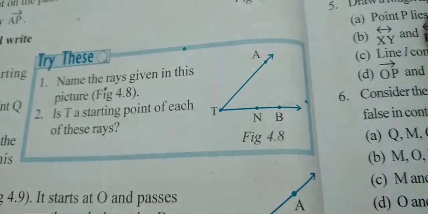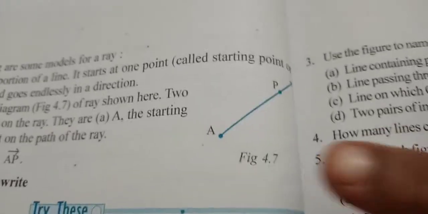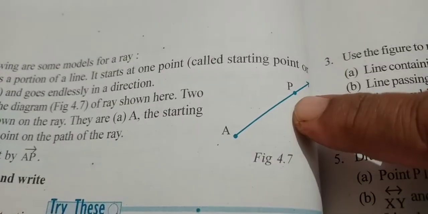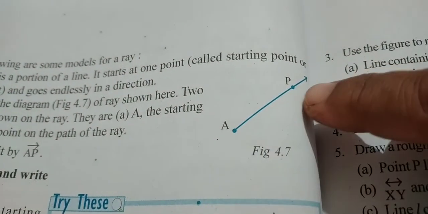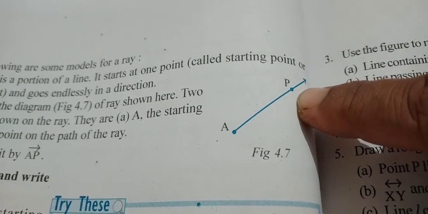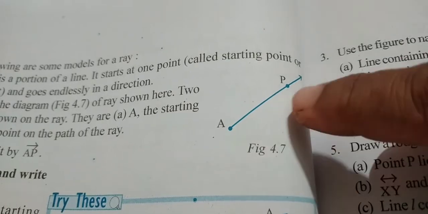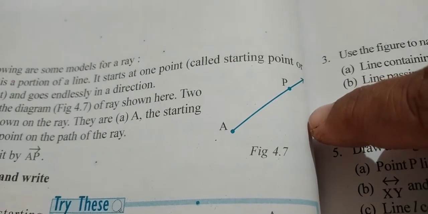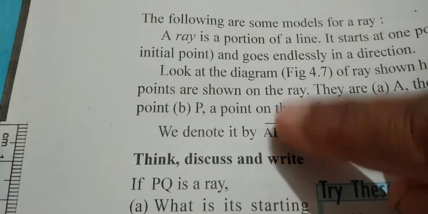If we consider this ray AP, then A is the initial point, P is the extended point. A ray cannot be measured because it doesn't have two endpoints. Symbolically it can be denoted as ray AP.